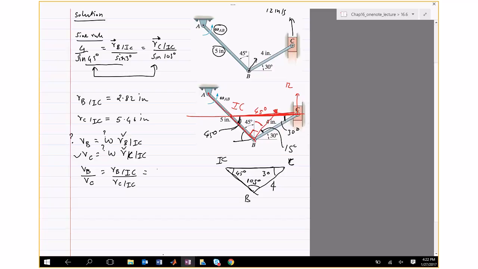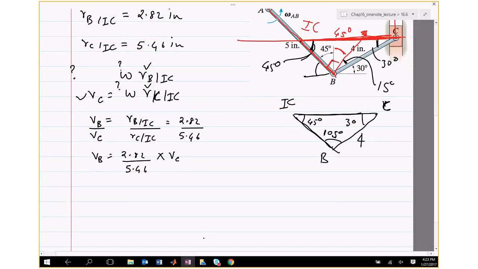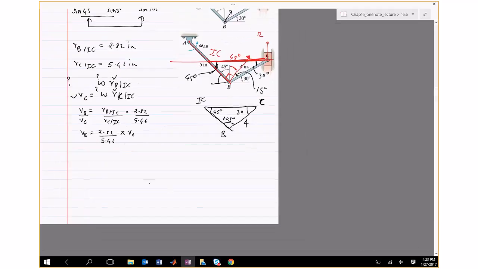RB with respect to IC is 2.82, RC with respect to IC is 5.46, right? VB is going to be 2.82 divided by 5.46 times VC. So VB is that, but we also know, from the fact that point A is the instantaneous center, that VB is also omega AB times RB with respect to A, which is omega AB times the length of AB, which is 5.